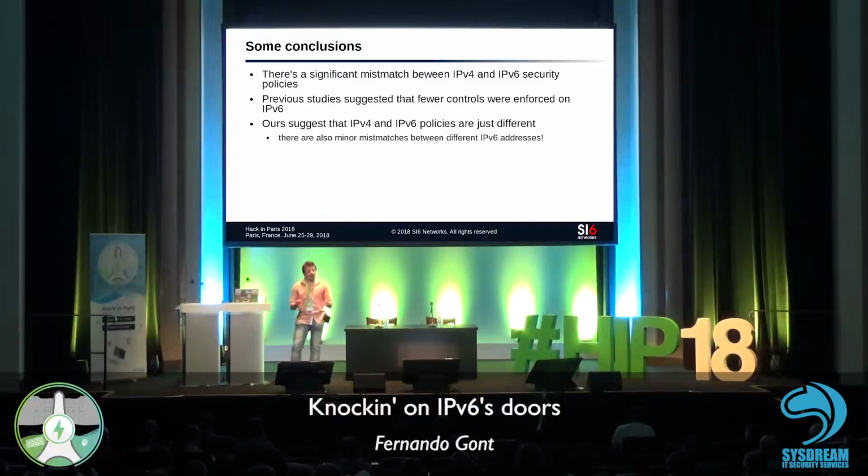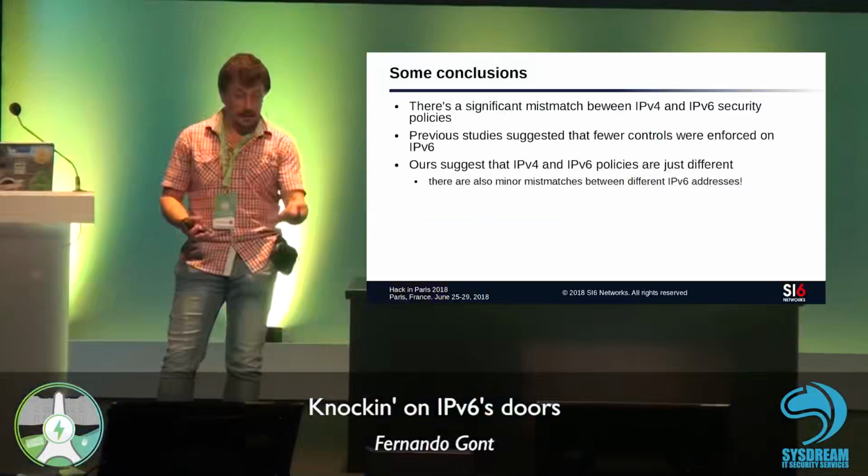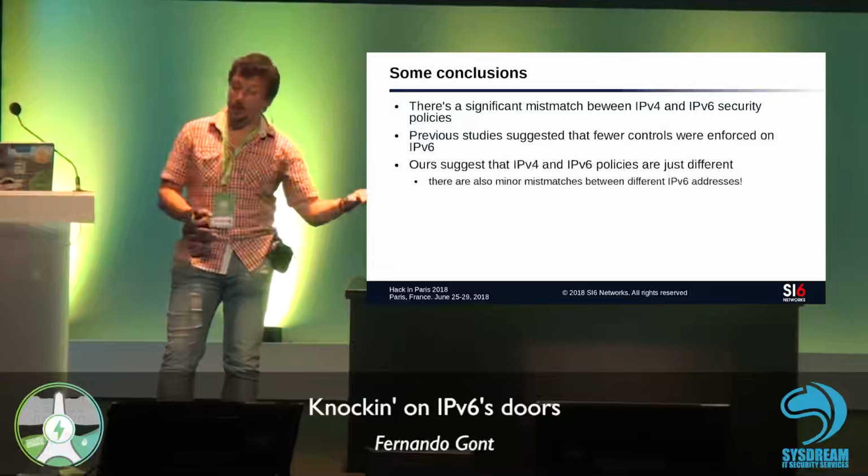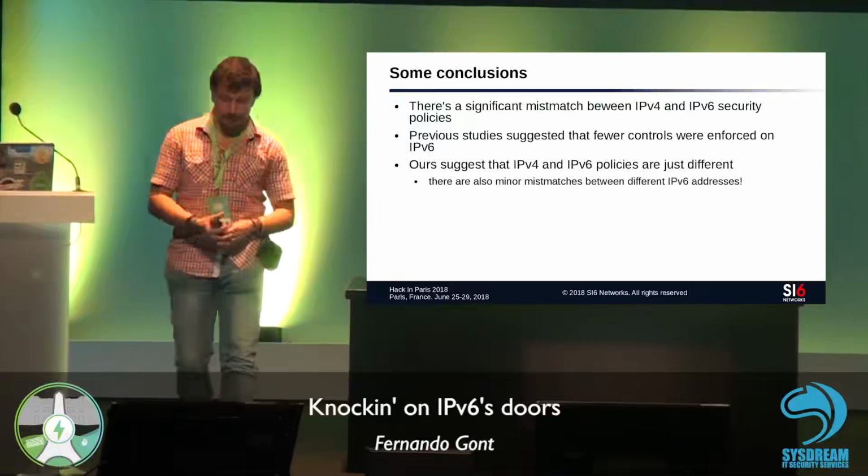But the important part here is that depending on what network layer protocol you employ, you might be able to access or not access different things, okay? This not only applies to ports where you usually serve things for clients, but it also applies to things like SQL, SSH, that you might have available on one protocol, but not on the other.